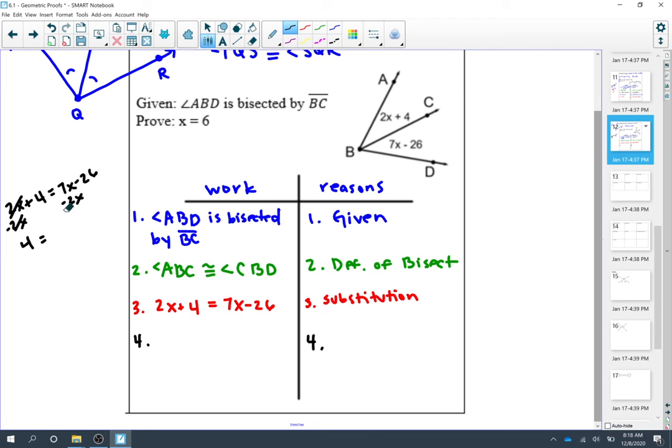So 4 equals 5x minus 26. And that was subtraction property of equality. Then I'm going to add 26.